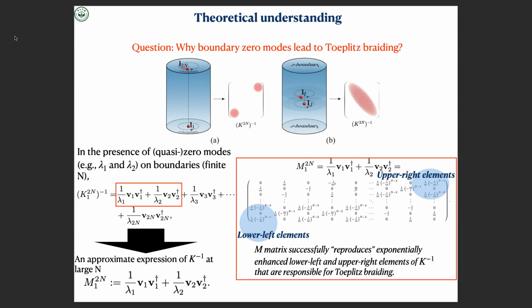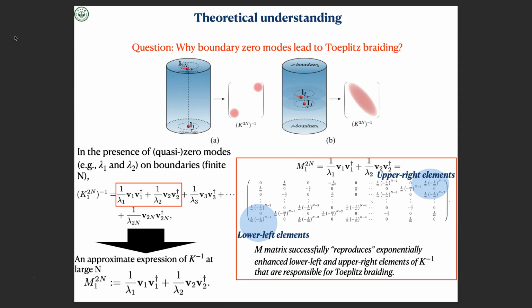But here it seems we are making use of the smallest lambda to approximate the entire K inverse using the first two terms. Yeah, here we just want to understand the asymptotic behavior of this matrix. Maybe we don't want to talk too much about this sort of thing. We here want to try analytically to understand this asymptotic behavior at finite size.